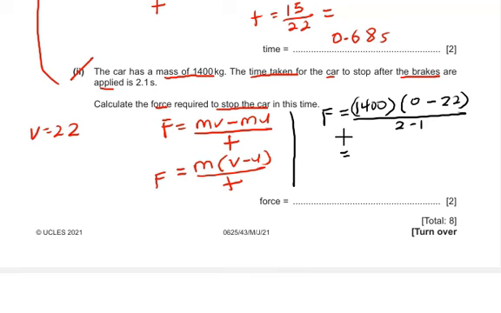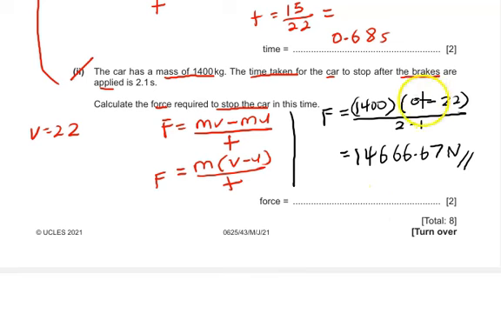So the calculation here is 1400 multiplied by 22 divided by 2.1. Here I'm getting about 14,666.67 Newton. This is your answer here.